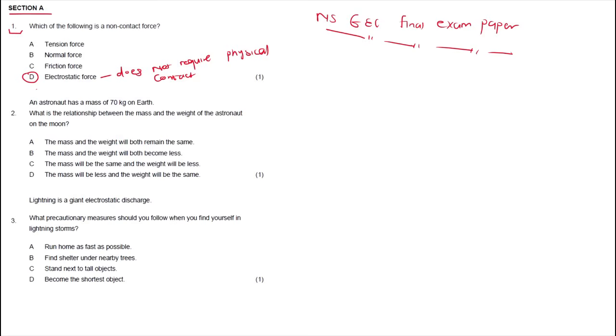Next we move to question two. An astronaut has a mass of 70 kg on Earth. What is the relationship between the mass and the weight of the astronaut on the moon? We all know that mass never changes, but weight decreases with lower gravity.